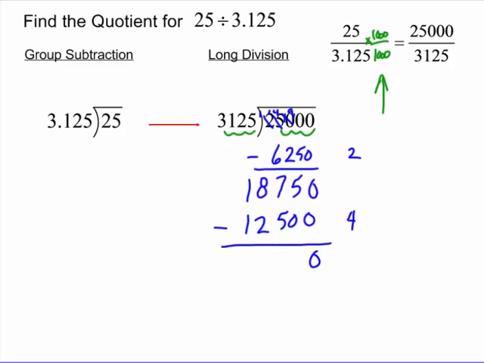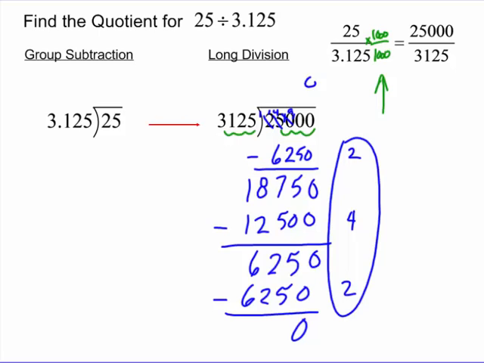And now when I subtract those, it goes a little faster, and hey, look, I'm left with 6,250, which is what I started with, so that's 2 more groups. And when I subtract those, I have 0 remainder, and I have a grand total of 8. So 3.125, if I divide that into 25, it goes into it 8 times. It's also the same as solving 25,000 divided by 3,125.